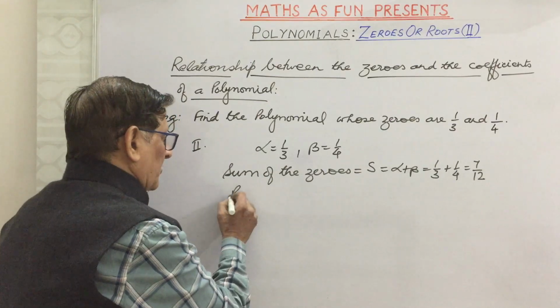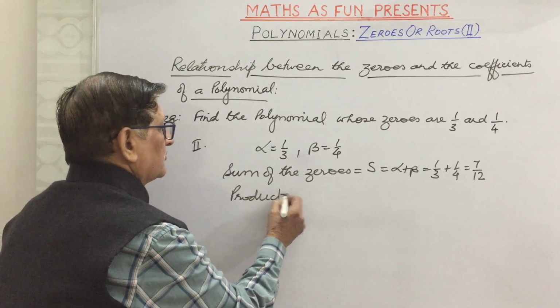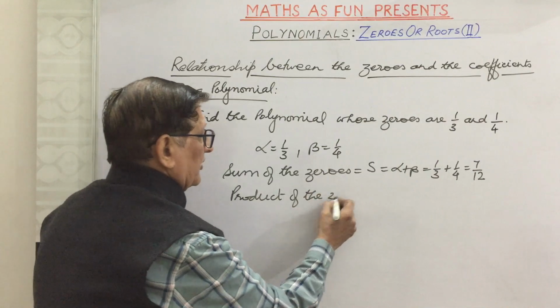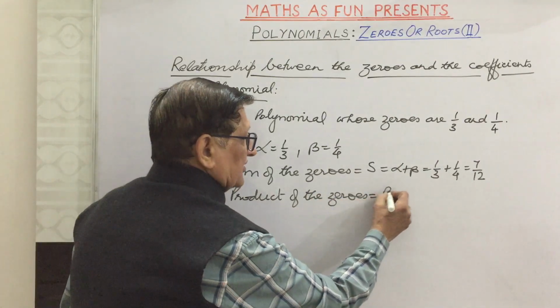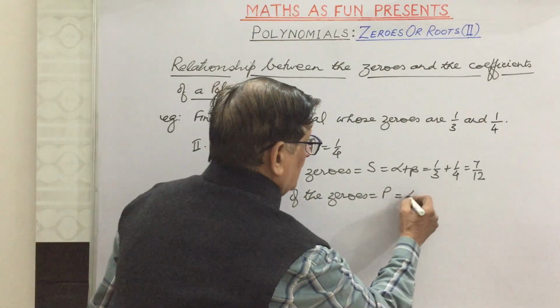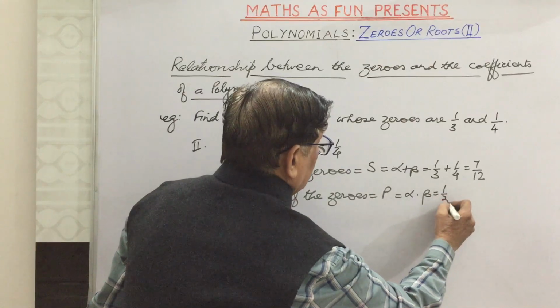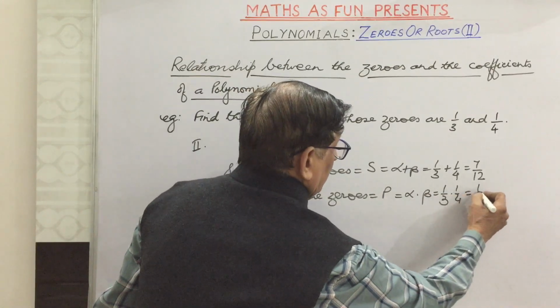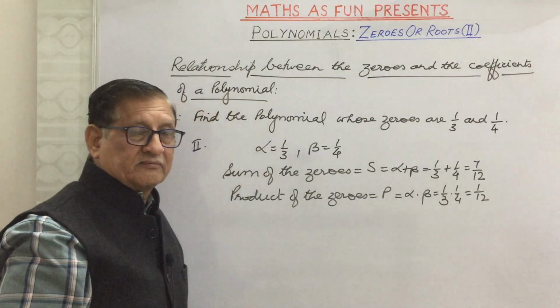Then we will find the product of the zeros. Product of the zeros, that is P, is equal to alpha into beta, which is 1 by 3 into 1 by 4, which is 1 by 12.